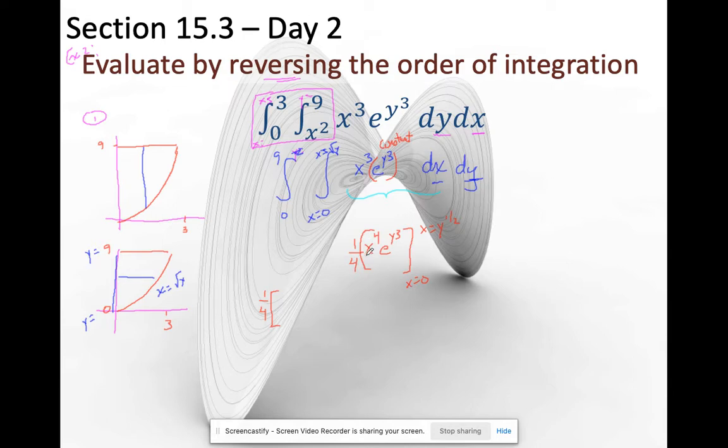In place of x, I'm going to put y to the 1/2. So I end up with y squared, e to the y cubed, and I hope you already see something good happening, right? And then in place of x, then minus 0 to the 4th. So this goes away.